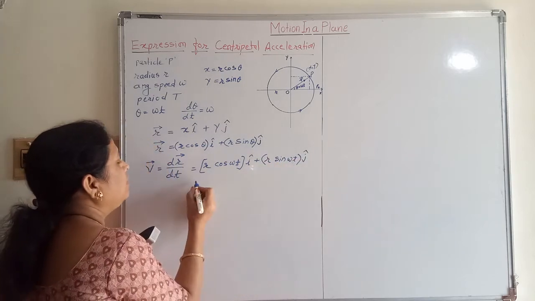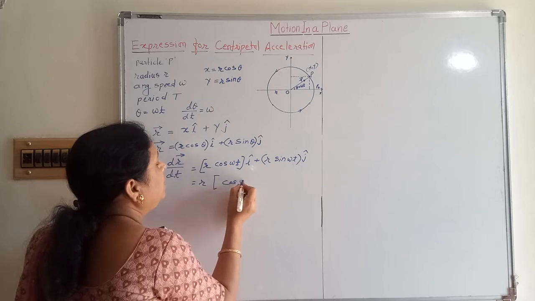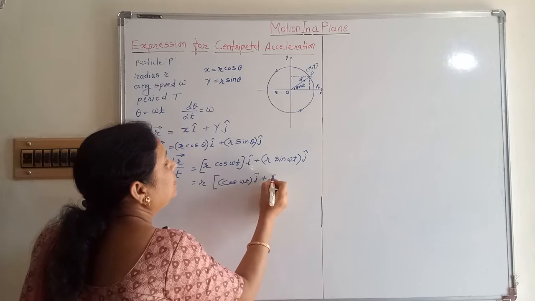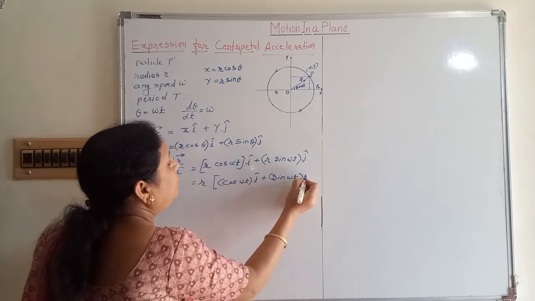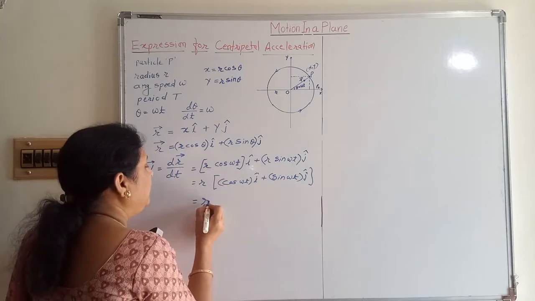Now I take r common. In the bracket I can write cos omega t into i plus sin omega t into unit vector j. And now we take the derivative.